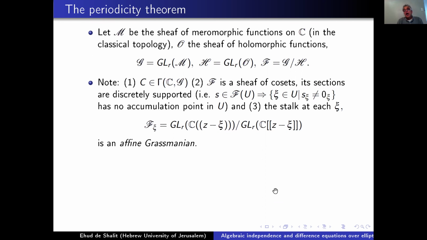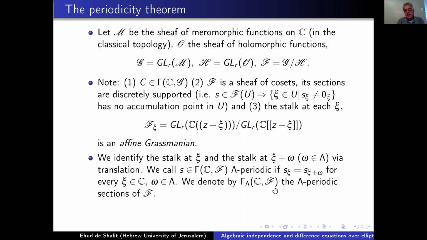And what are the stalks of F? The stalk at the point xi is GL_r of the local field over GL_r of the local ring. And this is a well-known object. It's called the affine Grassmannian that comes up in Langlands theory and many other areas in mathematics.